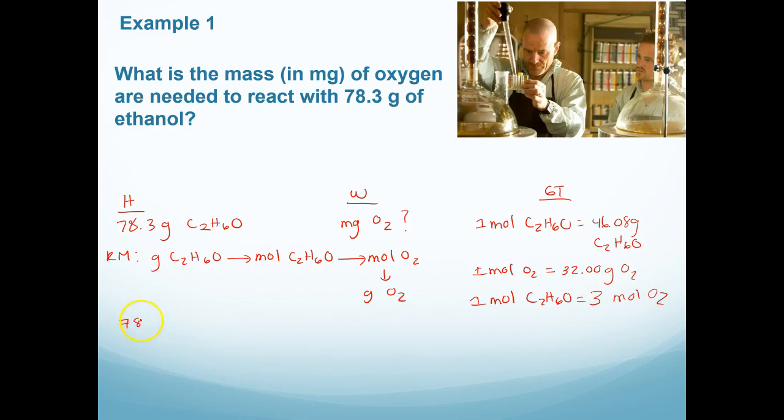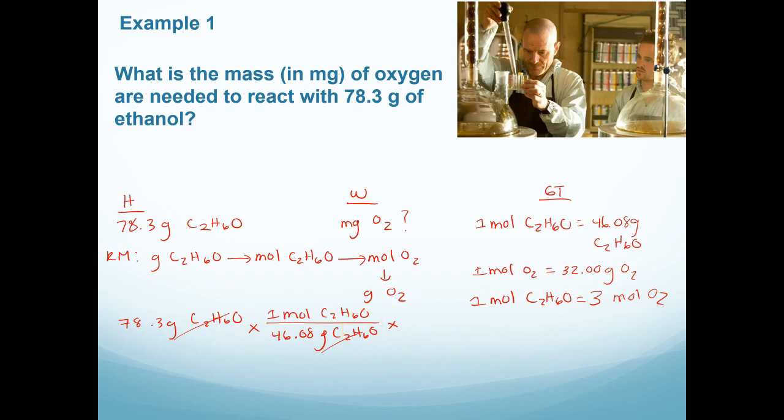So we have 78.3 grams of ethanol, and we want our mass in grams to be on the bottom, so that way we make things cross cancel. So 46.08 grams of ethanol for every 1 mole of ethanol. All right, we want our mole ratio. We're currently in moles of ethanol.